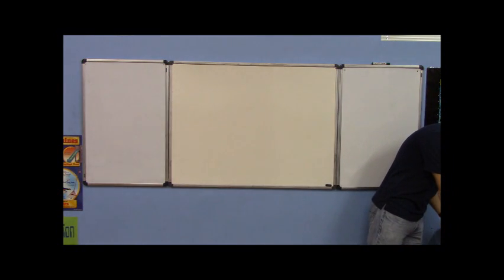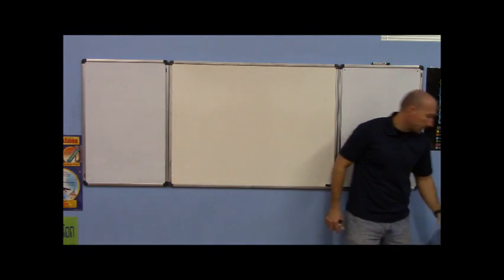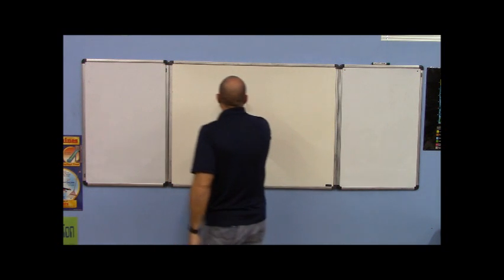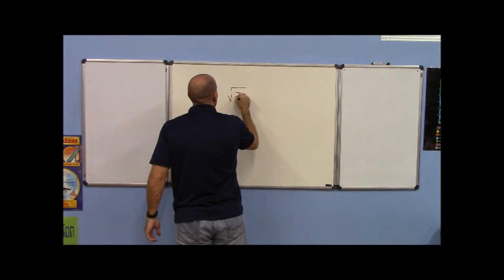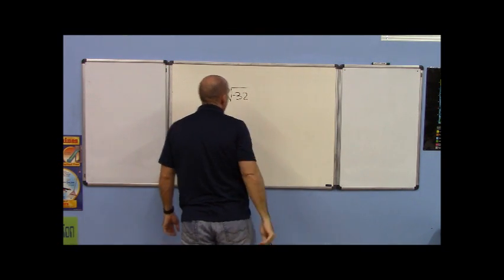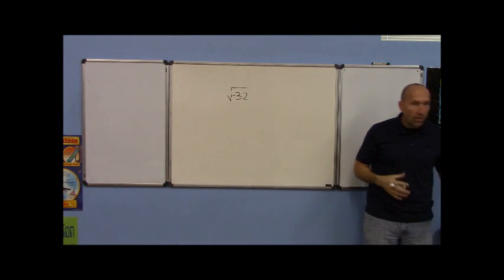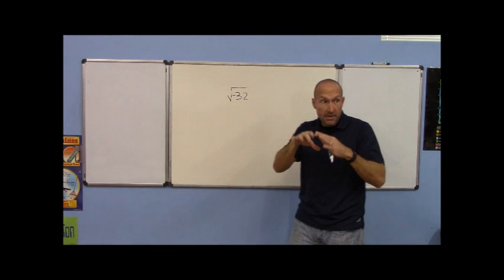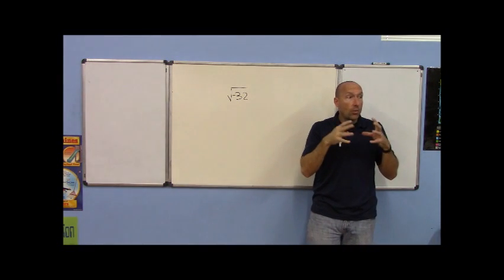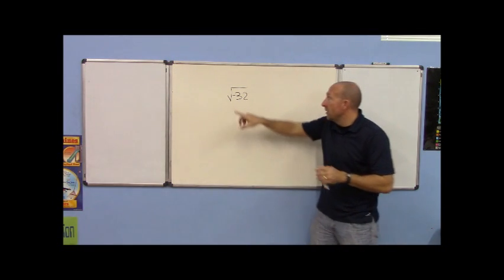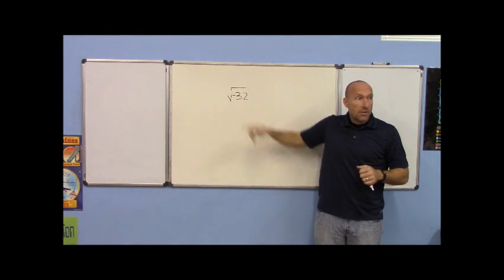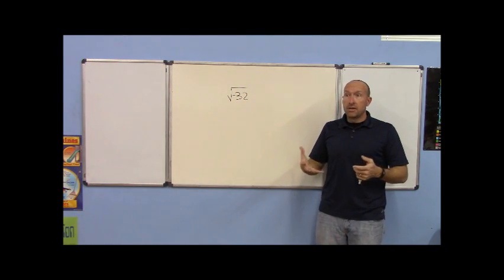Go to example number 2. We have the square root of negative 32. Now what we're going to do is our whole purpose in this is try to figure out how we're using those imaginary numbers. We know that this is a negative, so we know that it's an imaginary number.